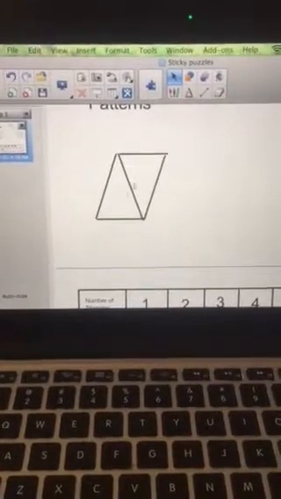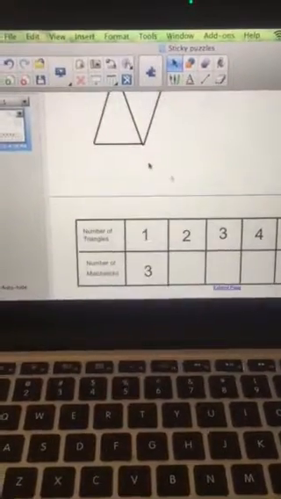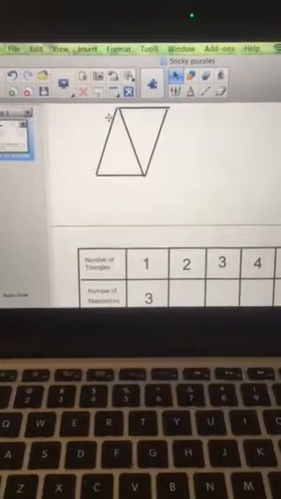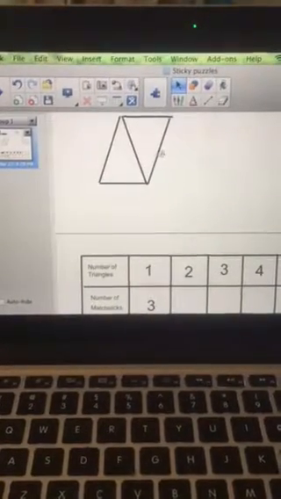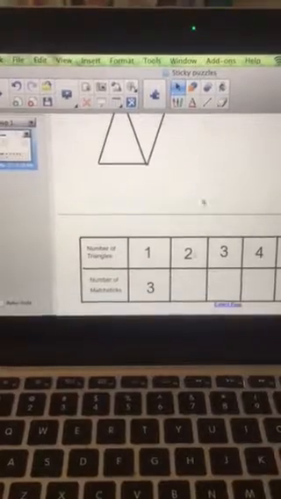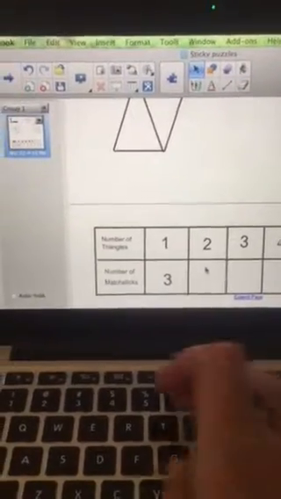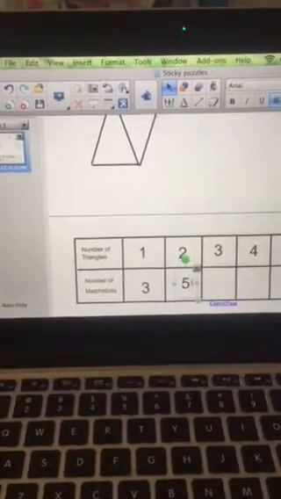I still have 2 triangles, but now I've got 1, 2, 3, 4, 5 matchsticks, and I put that in my table of values.